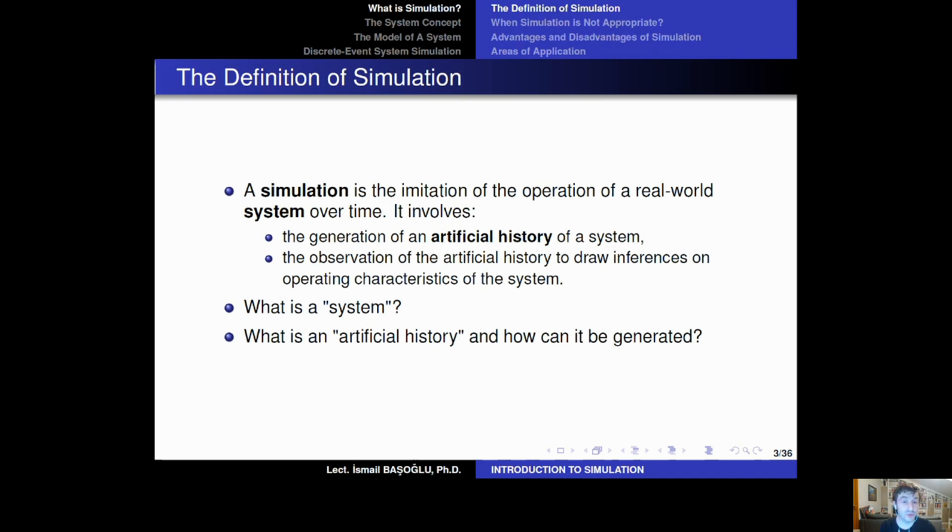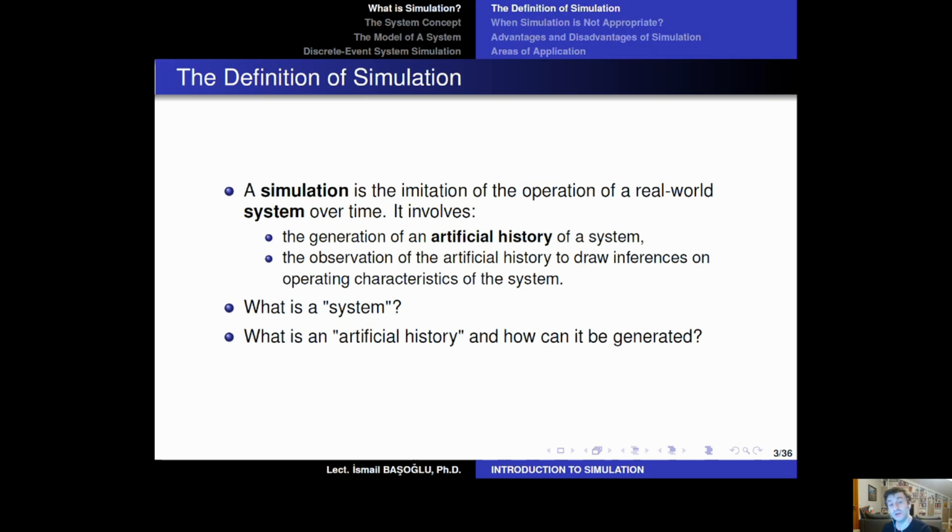And then the observation of the artificial history is required to draw inferences on operating characteristics of the system. So basically, we are creating a fake version, an imitation of the original system, and this fake version creates an artificial history of the original system. That artificial history is also fake, actually.